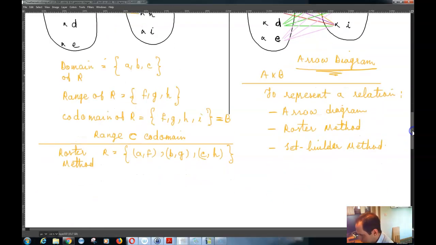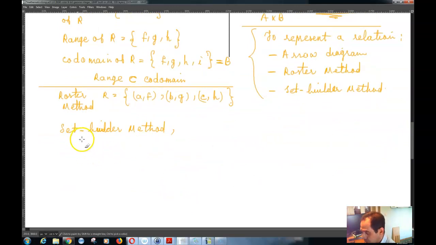Now the set builder method is basically something like this.